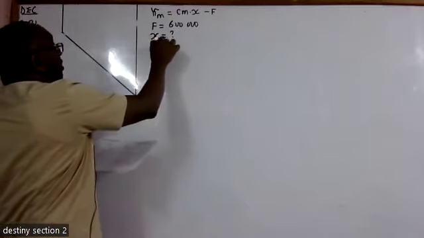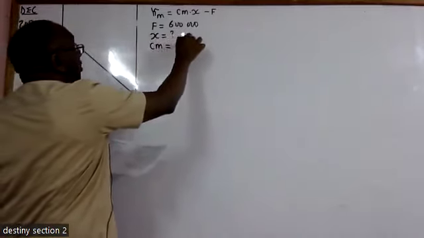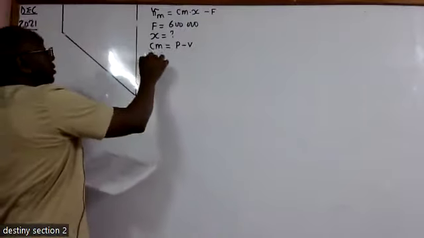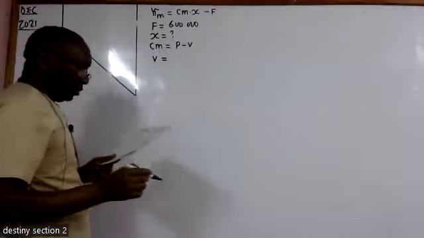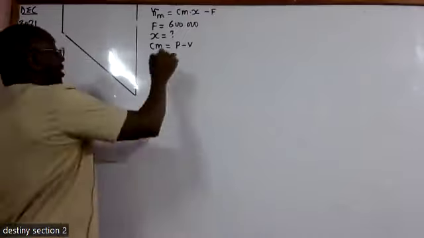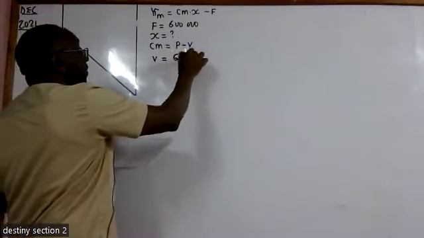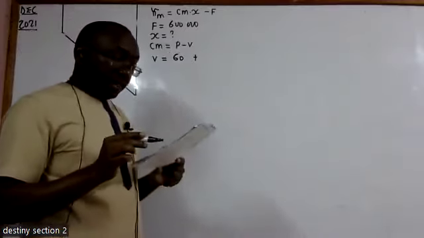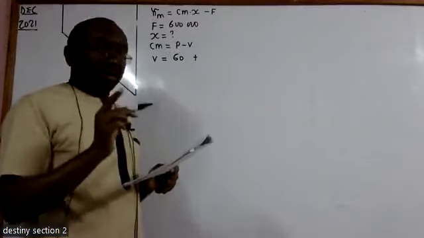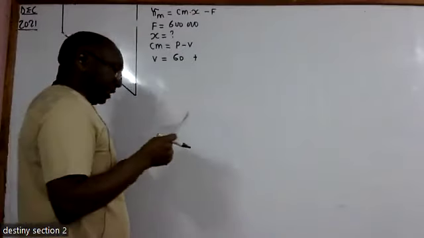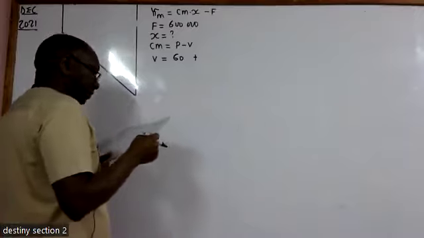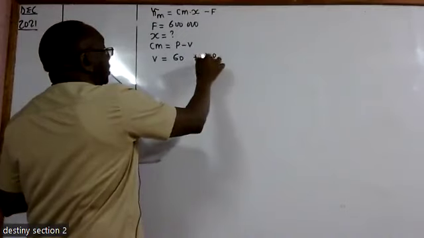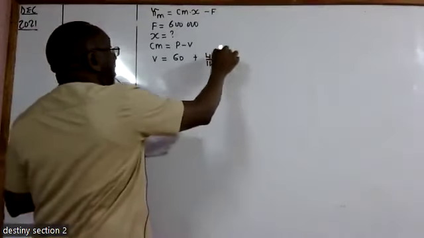Now, contribution margin we know is given as P minus V, the variable costs. So V will be equal to what we are already given, that is 60, plus the taxation. Tax is a variable cost because it is per unit. So if there is a tax of 40%, we are going to talk of 40% of 100.